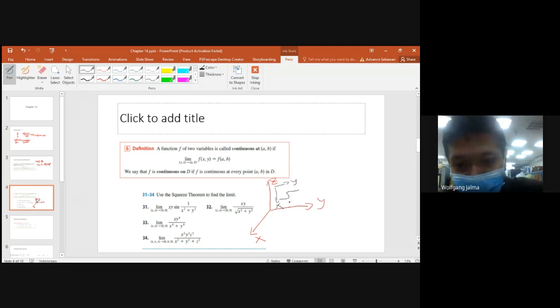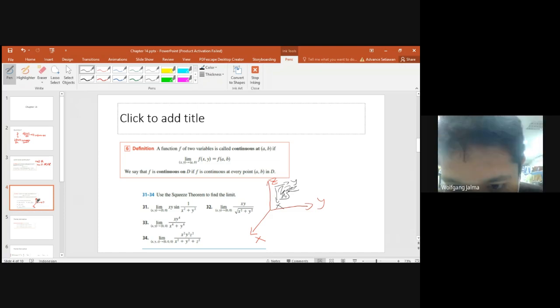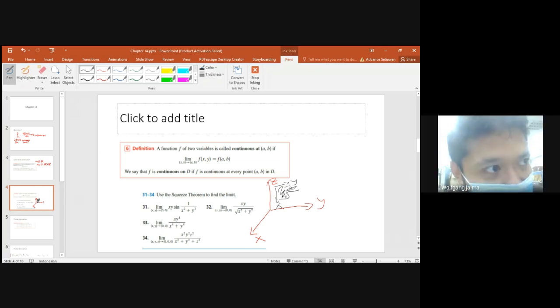Imagine this is the dimension, okay? This is the point, and this is the plane, the plane with some function. As you can see at this point, the function is continuous in x direction, right? It is also continuous in y direction, right? So what do you think? Do you think it is continuous?